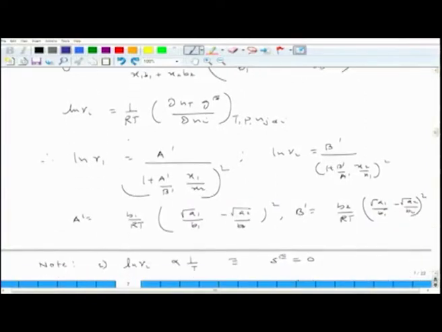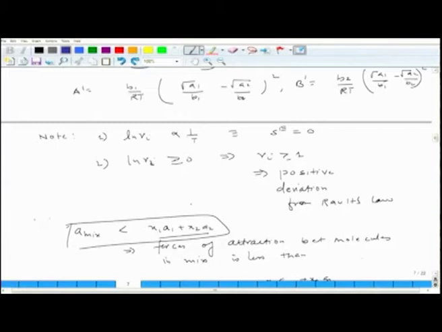And then later we showed that the activity is represented in this form. These are the forms for ln gamma 1 and gamma 2 for a binary liquid solution, where A dash is related to the van der Waals equation of state parameters A's and B's.